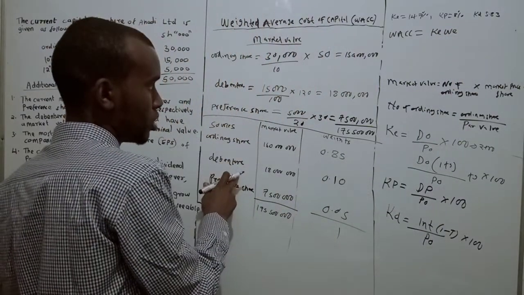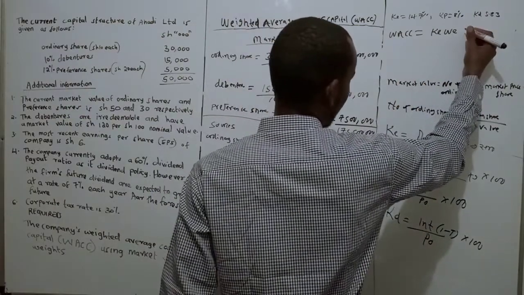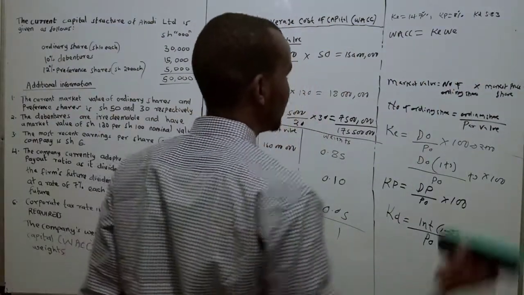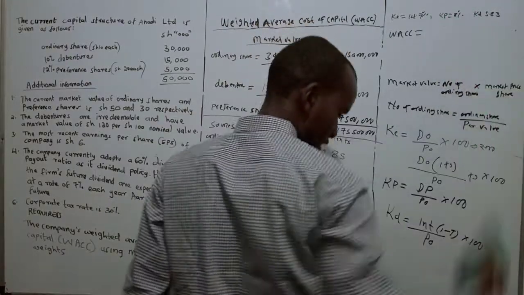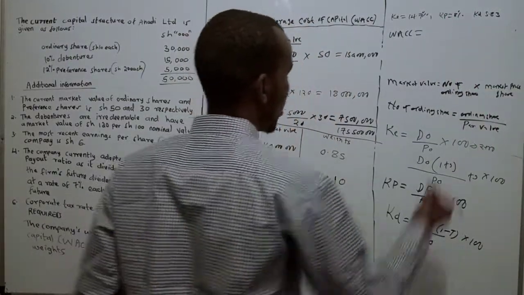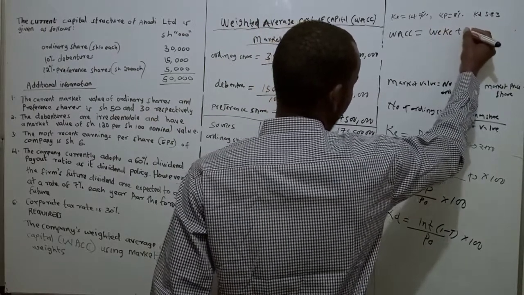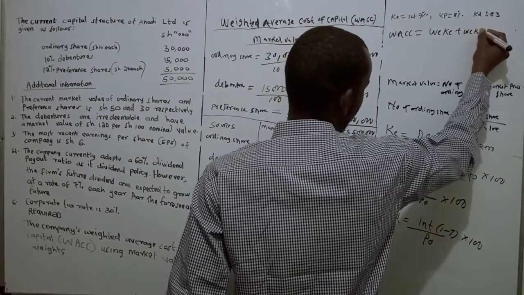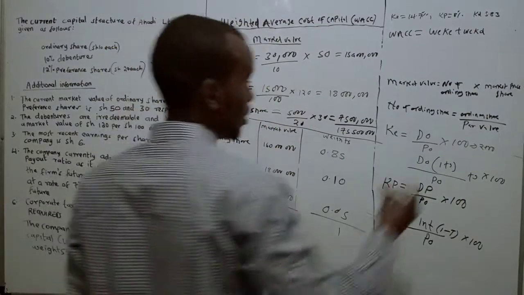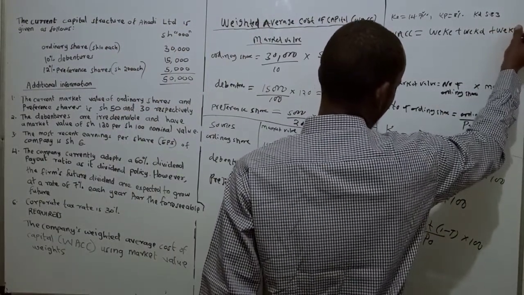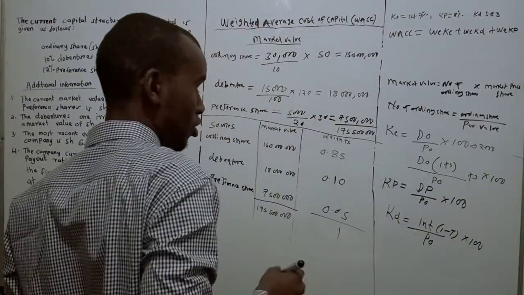Our next source was debentures. So let's begin with weight first. You can begin with weight, it still does not have any effect. The weight of equity, then cost of equity. We are going to add the weight of debentures times cost of debentures. Then we are going to add the weight of preference times the cost of preference.